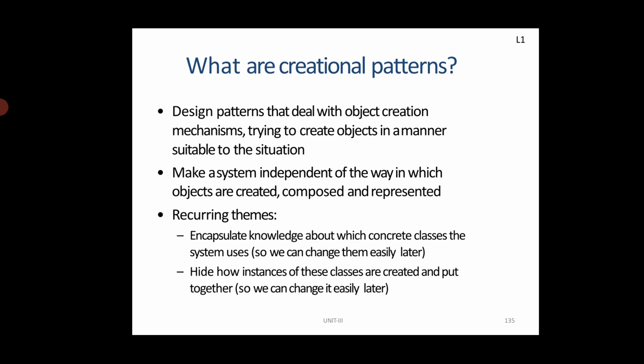Second, they hide how the instances of these classes are created and put together. All the system knows about the objects is their interfaces as defined by the abstract class. In the abstract class we represent all the objects in the structure itself.